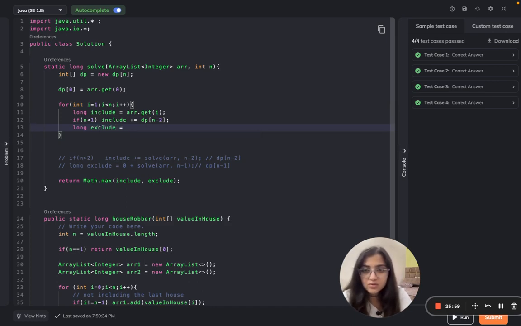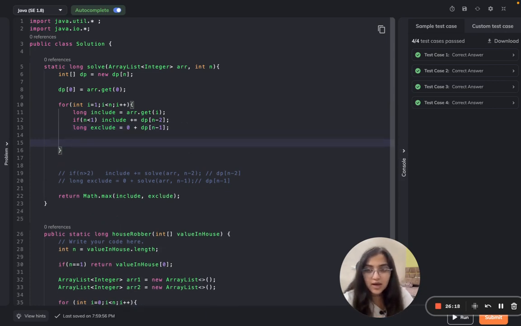Exclude will be equal to 0, meaning we haven't included any current value from that house, plus dp at n minus 1. Now instead of returning, we'll store it within the array.